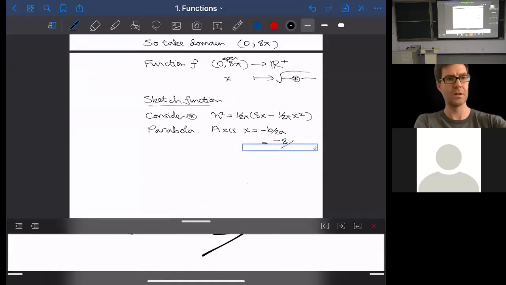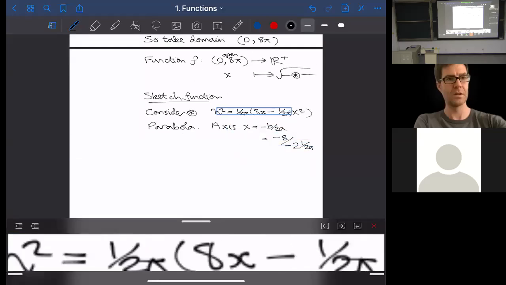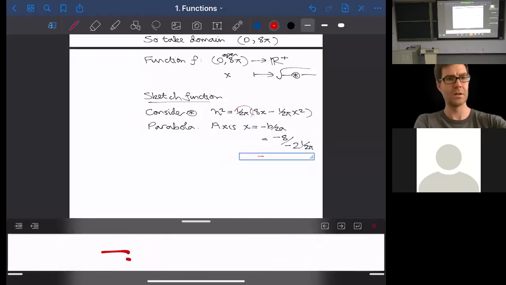And 2a is minus 2 times 1 over 2 pi, but that will cancel. So the result is 8 pi.